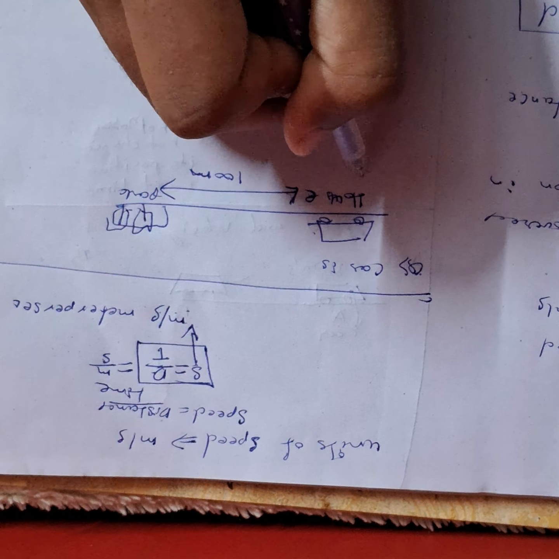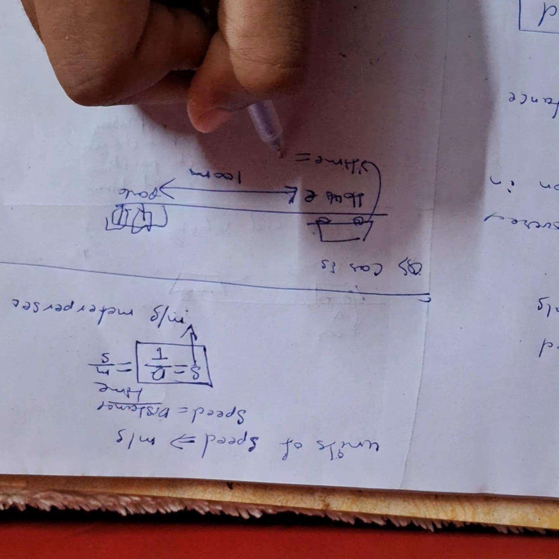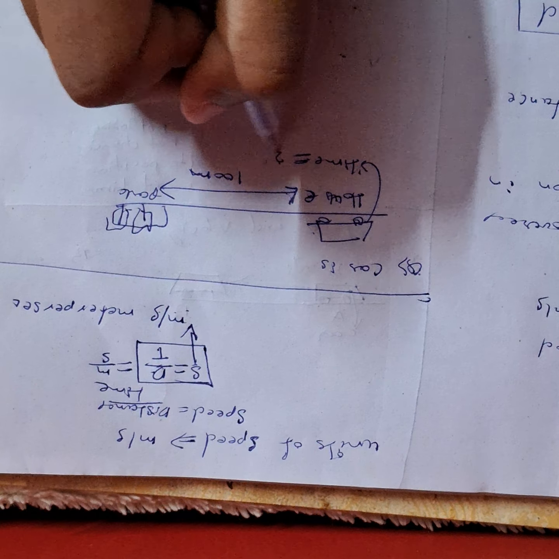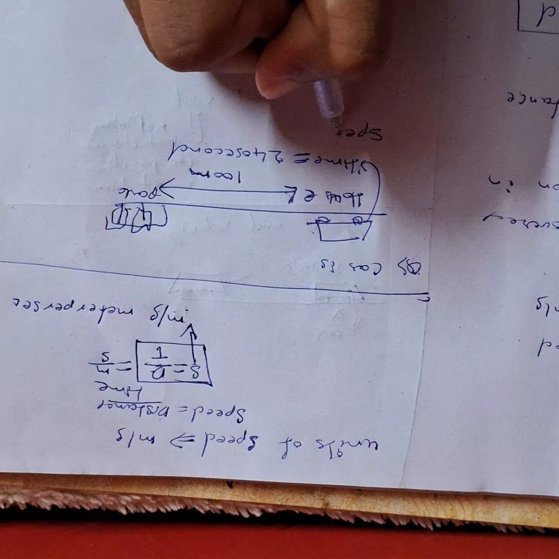The time taken by this car is 240 seconds. So we have to find the speed.